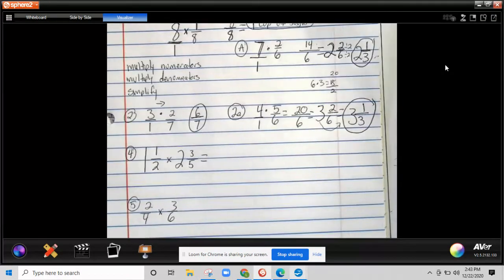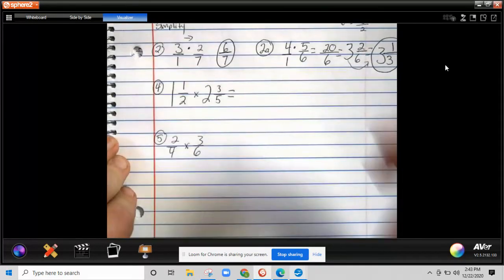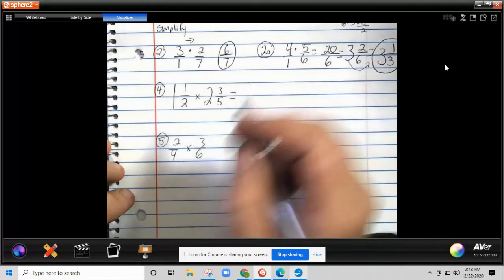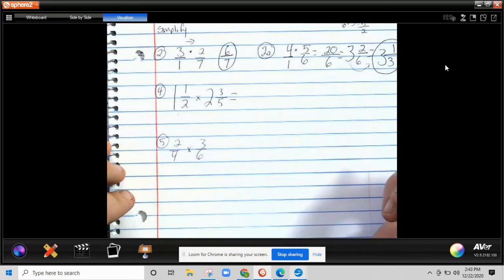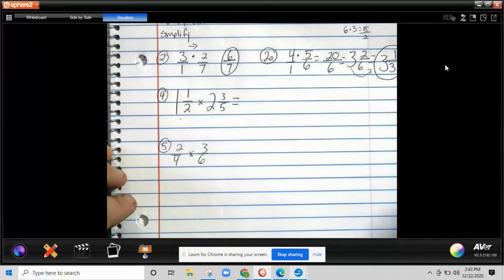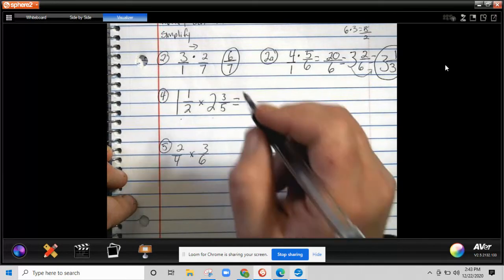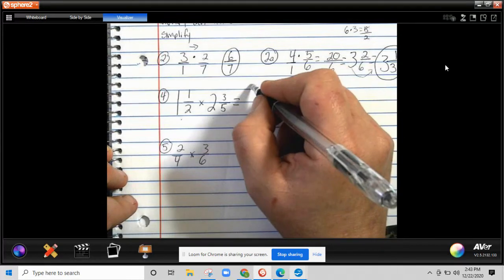All right, just 2 more. All right, so right here I have 2 mixed numbers. This is going to be a little bit different. The first thing I'm going to do is I need to convert them to improper fractions. Okay, so these are mixed numbers.